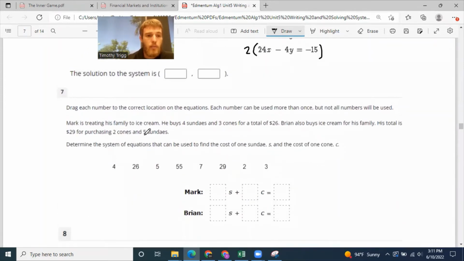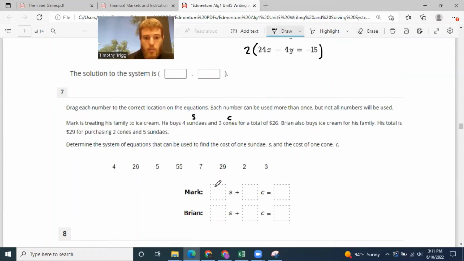Okay, next one, number 7. Mark is treating his family to ice cream. What a nice guy. He buys 4 sundaes. So I'm going to say sundaes, those are S, and 3 cones, cones are C, for a total of $26. So let's go ahead and look at this first piece of information to help us write the first equation.